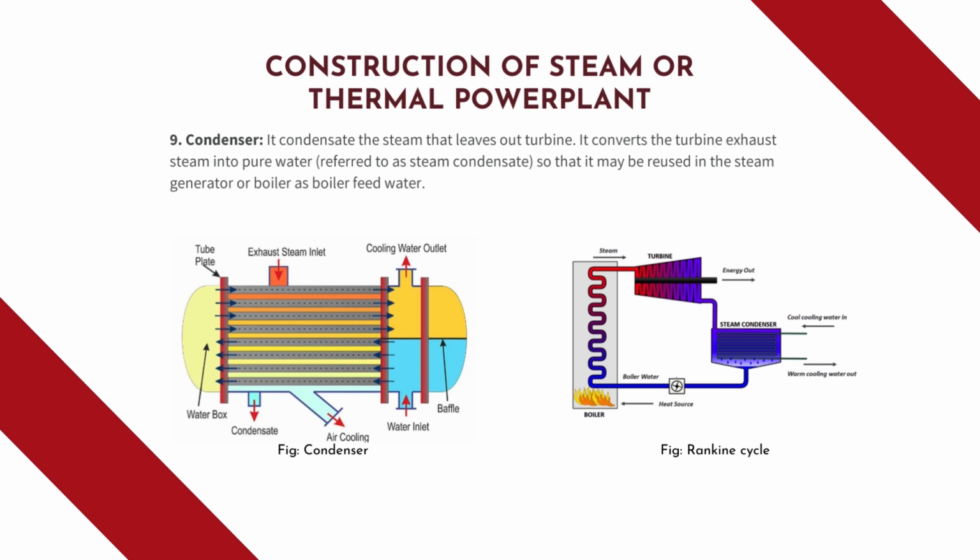After expansion, the steam is converted into water within the condenser, and this water is again fed to the boiler using a high pressure pump. After the boiler we get steam of high pressure and high temperature, and that steam passes to the turbine, where we get the work done.